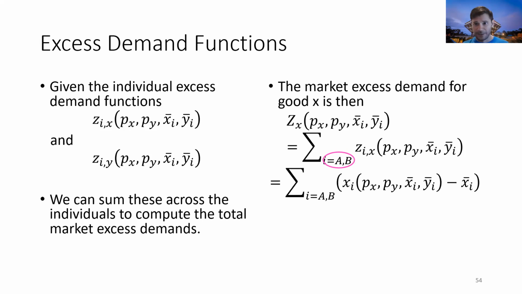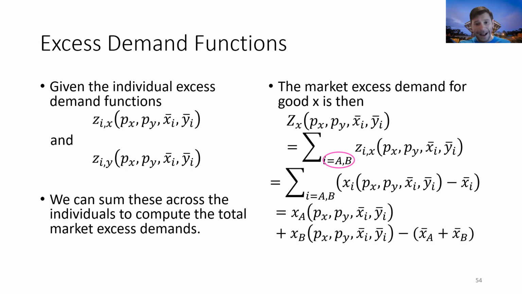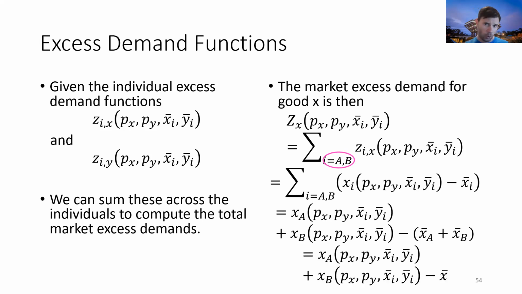So we would take the demand for A plus the demand for B, all for good X, minus the endowments of A and B's good X. This will give us the total market excess demand function. And we can do exactly the same thing for good Y. Let's add up the excess demands for individuals A and B, but in the market for good Y.